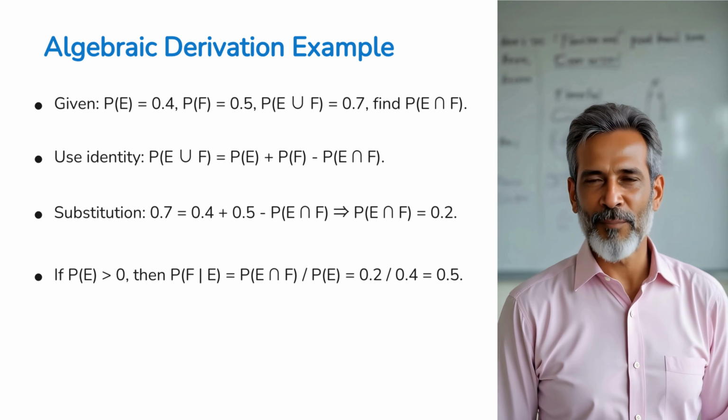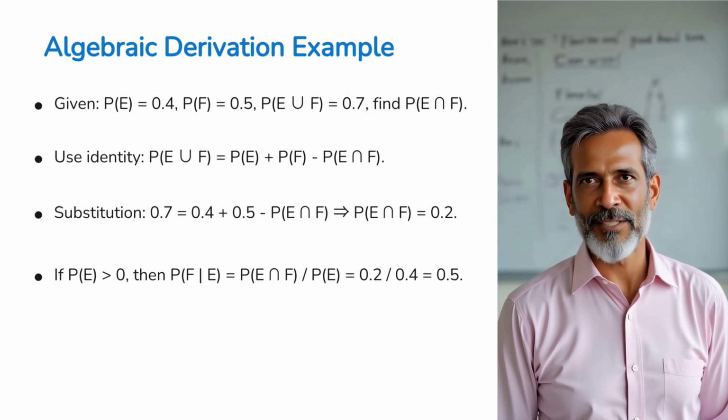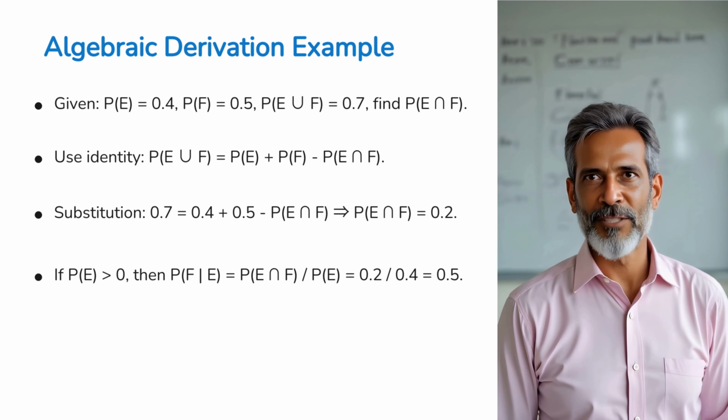P of E union F equals P of E plus P of F minus P of E intersection F. Substituting the values, 0.7 equals 0.4 plus 0.5 minus P of E intersection F. This means P of E intersection F equals 0.4 plus 0.5 minus 0.7, which sums up to 0.2. Therefore, the probability that both events E and F occur together is 0.2.